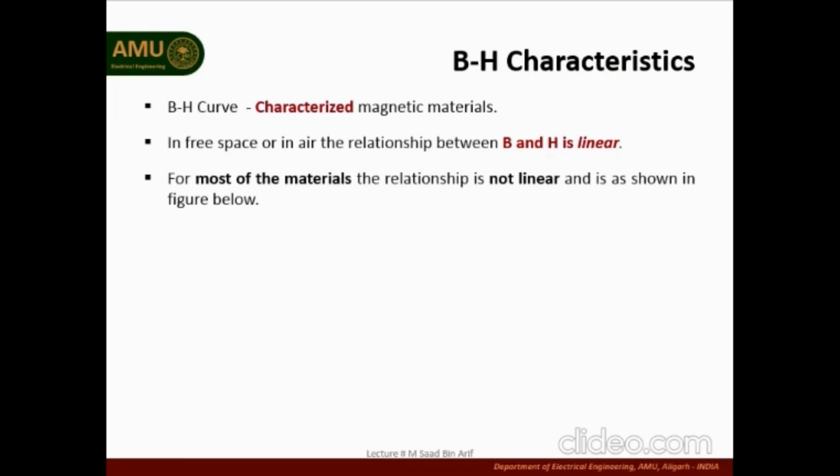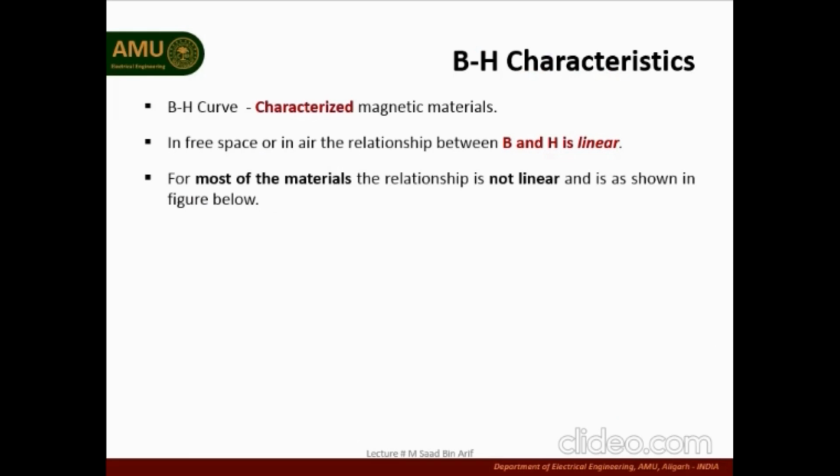A magnetic material is identified and characterized by its BH characteristic. In free space or in air, the relationship between the two is linear.